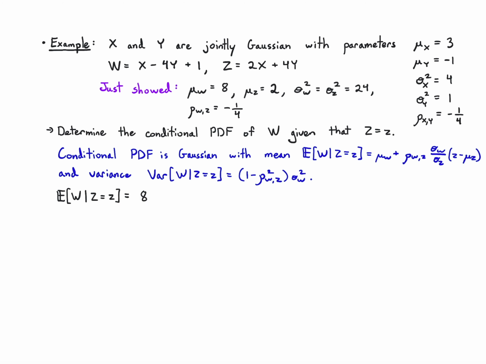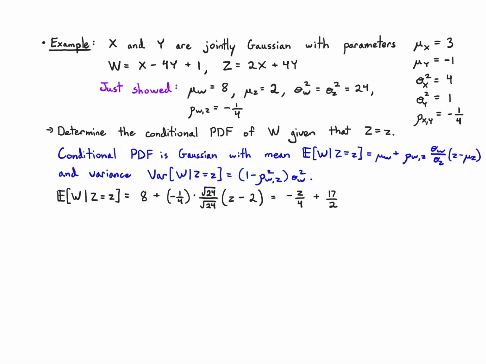The first one is going to be 8 plus negative 1/4 times root 24 over root 24, times Z minus 2. That all works out to just be minus Z over 4 plus 17 over 2.